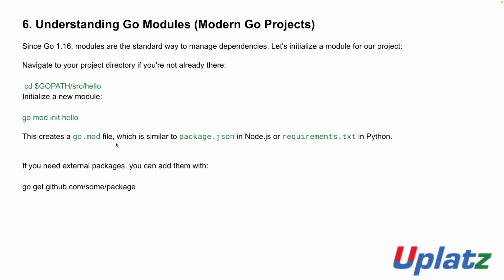Here's the go.mod file. We have already created that, which is similar to package.json in Node.js and requirements.txt in Python. If you need external packages, you can add them with go get github.com/some/package. But nowadays, we shall use also go install, not just go get.